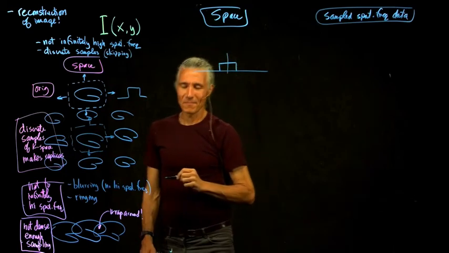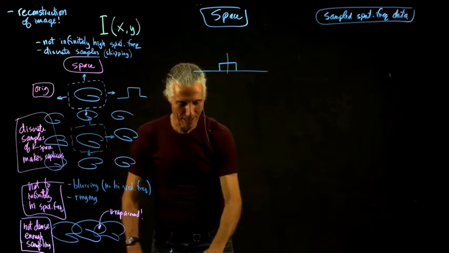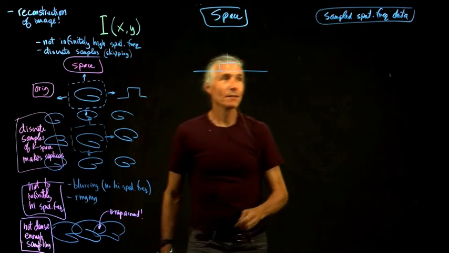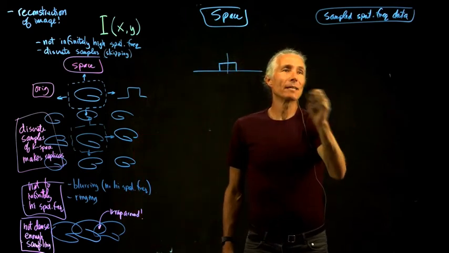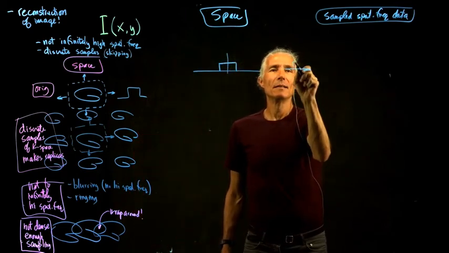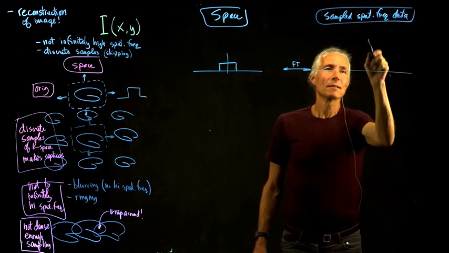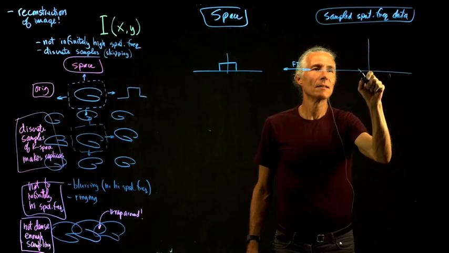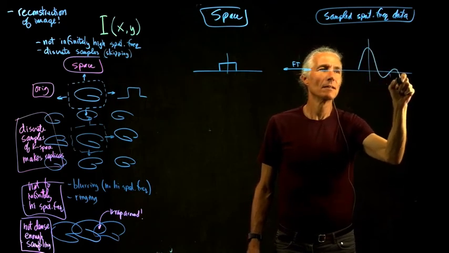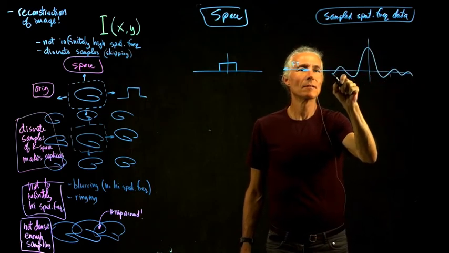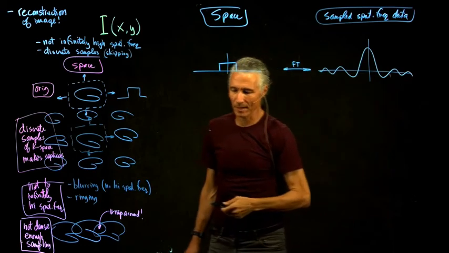Imagine a brain, a rectangular brain. If we Fourier transform that, what we get is our sinc function like that. More or less what our k-space looks like.